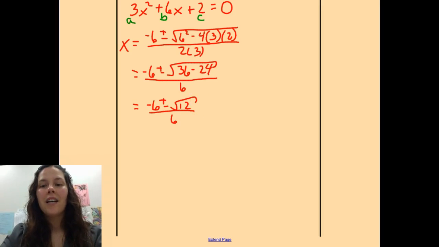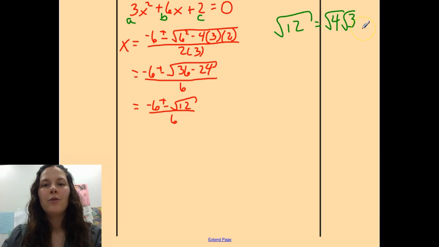We did see that on the last one, but as a reminder, the perfect square factor of 12 is 4. So the square root of 12 is equal to the square root of 4 times the square root of 3. Taking the square root of 4 and dropping the square root symbol when I take the square root, we get the square root of 12 is equal to 2 times the square root of 3.